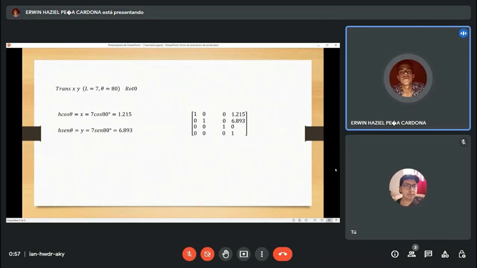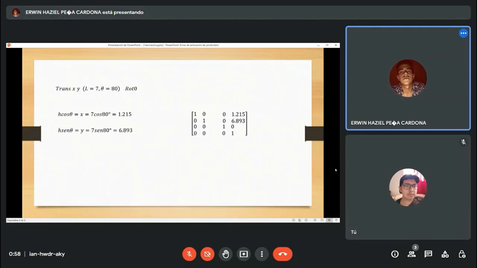This as a result will give us what is translated in x. For y it is exactly the same, but we change the cosine to the sine: multiply the length, the hypotenuse, which is 7, by the sine of the angle, which is 80, and this as a result will give us what is translated in y.